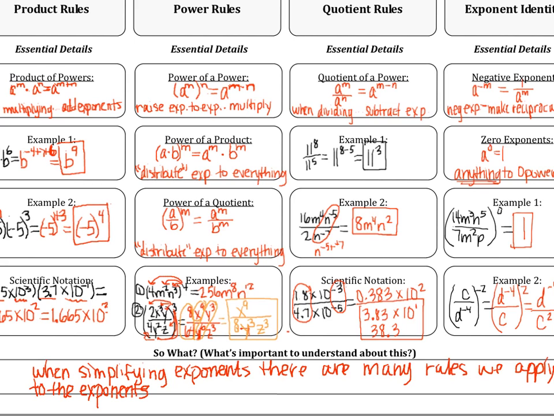We don't apply them to the base, we keep the base the same. So there's many rules that we apply to the exponents. We keep the bases the same.